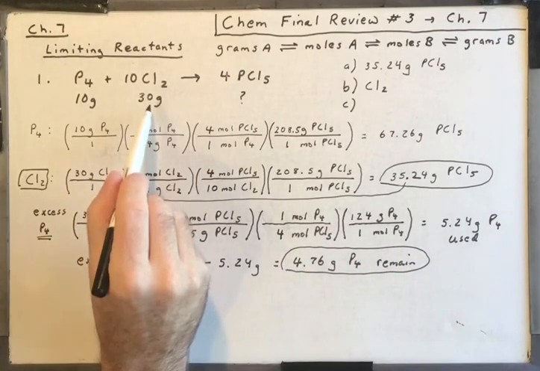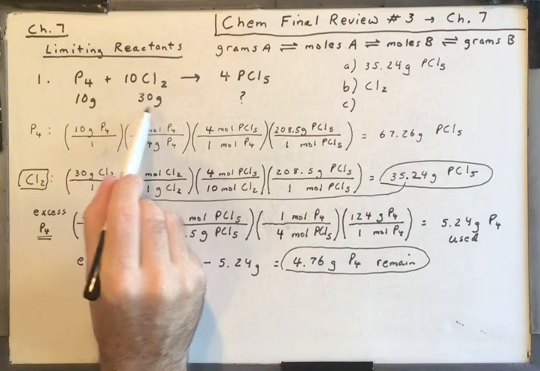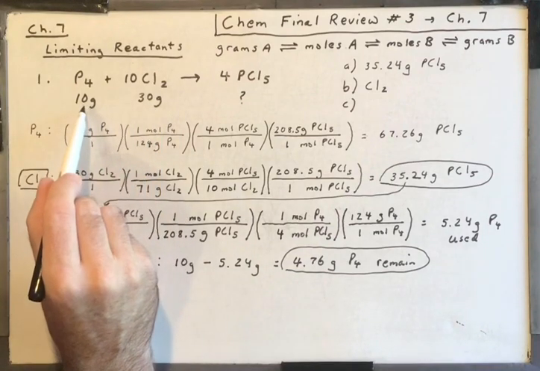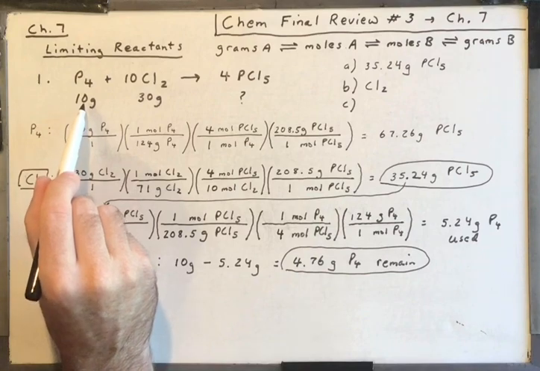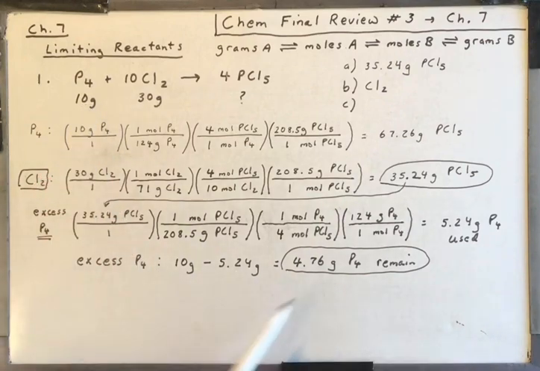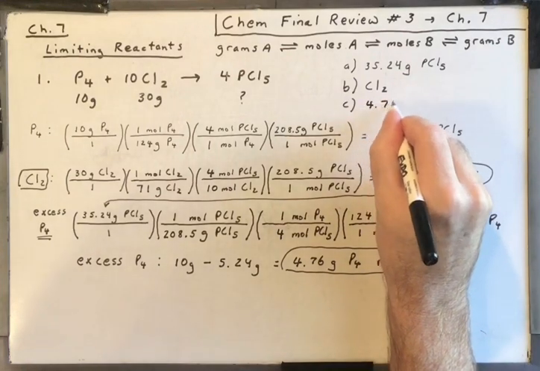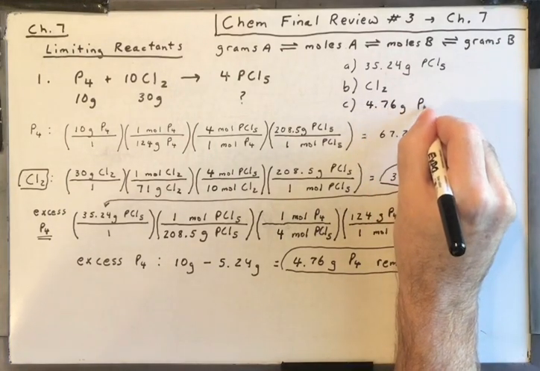Alright, so this reactant, Cl2, ran out first. All 30 grams ran out first. This was the excess reactant. We only used up a little over 5 grams. So what's left? 4.76 grams. So let's put that up here: 4.76 grams of P4.